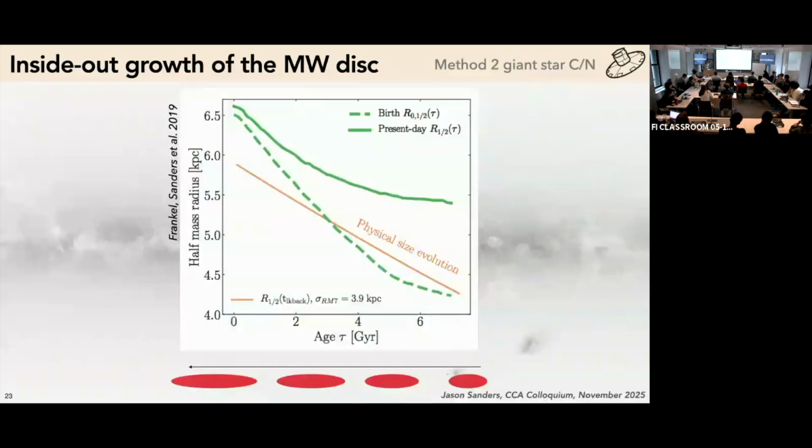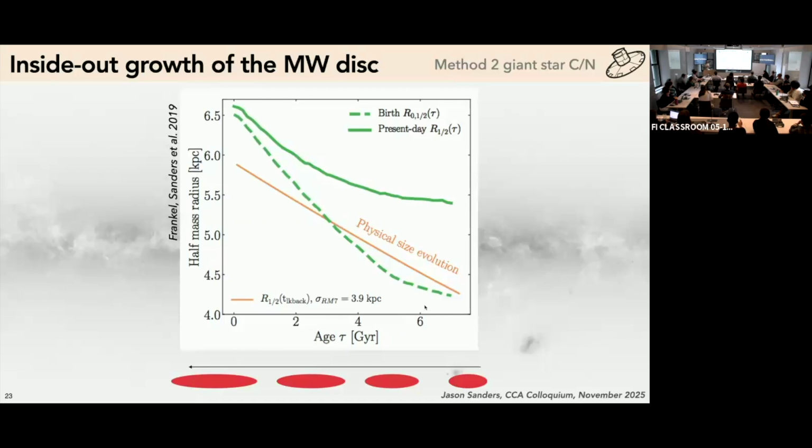So if we look at the ages of giant stars using this second method, the carbon-nitrogen method, we can see that the stars that are very young, these at 0 age here, have a much larger scale length than those that are here at 6 billion years.